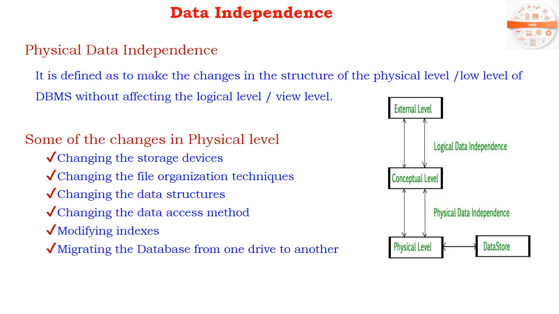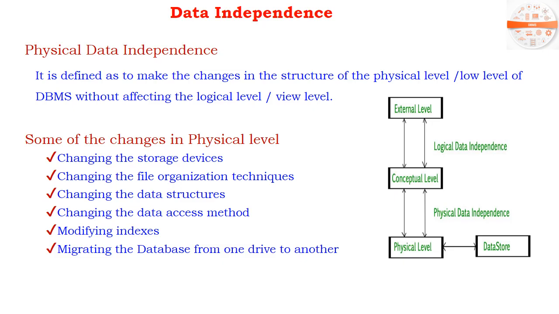Next one is physical data independence. It is defined as making changes in the structure of the physical level or low level of DBMS without affecting the logical level or view level.